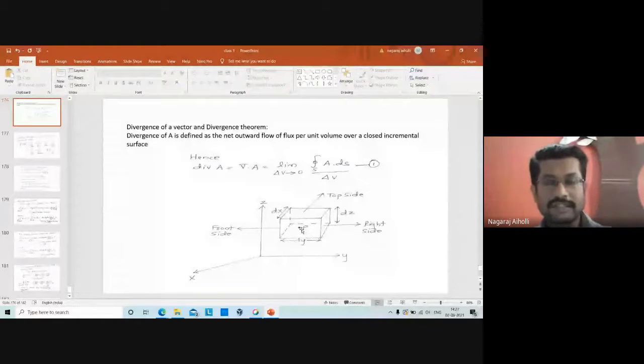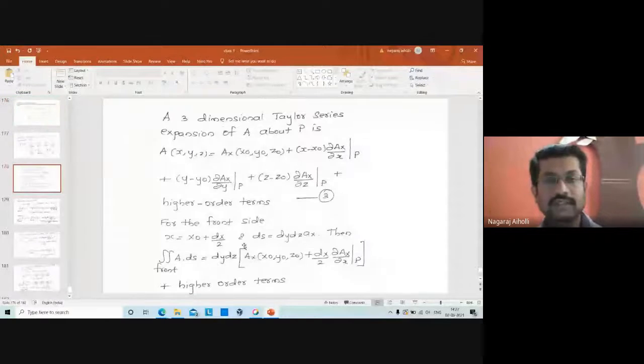So what will be the distance from the front surface to the point P? It is dx by 2. If I want it in terms of x, that is x naught plus this dx by 2. That is what I am writing: x is equal to x naught plus dx by 2.